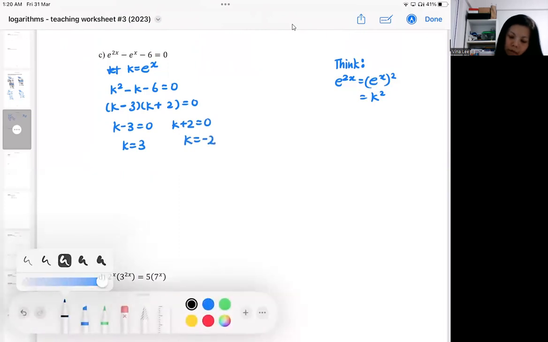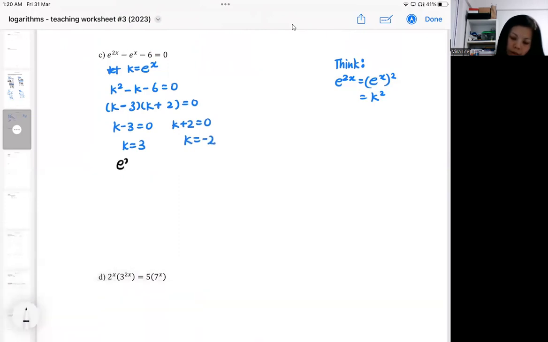When you get your two values, that means your e^x is 3, your e^x is minus 2. So you can change it back to your index format, logarithm format, or you can ln both sides. I will show you both methods.